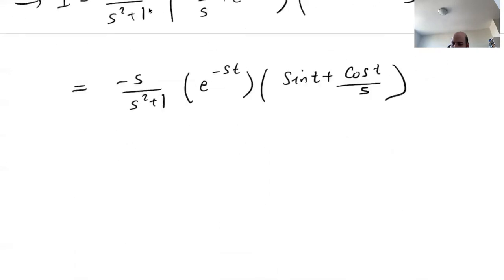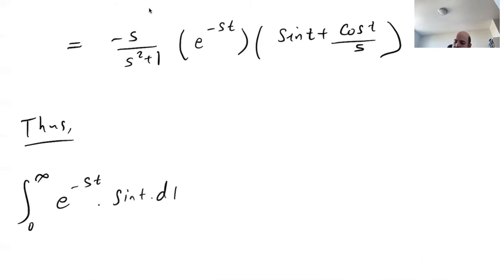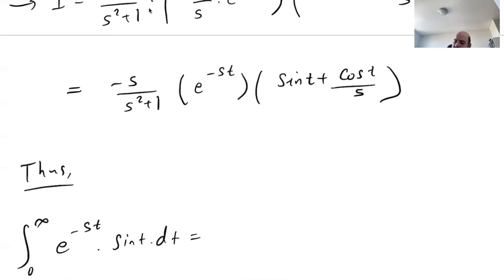Then what do we get? Integral 0 to infinity e to power minus st sine t dt will be equal to this expression evaluated at infinity minus evaluated at 0.